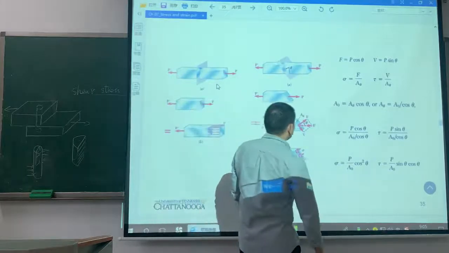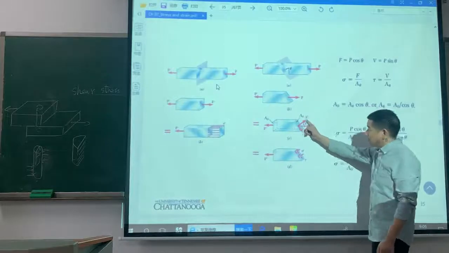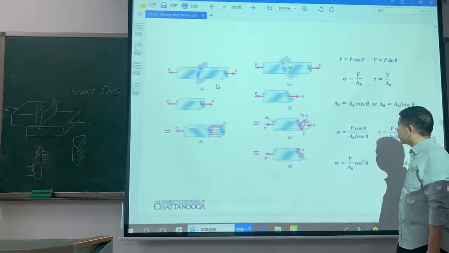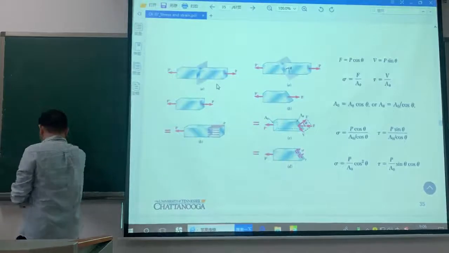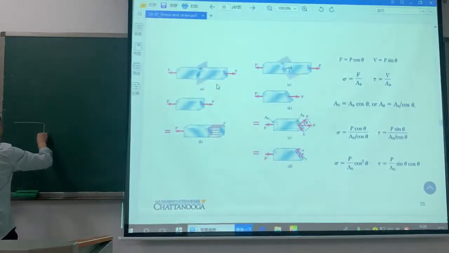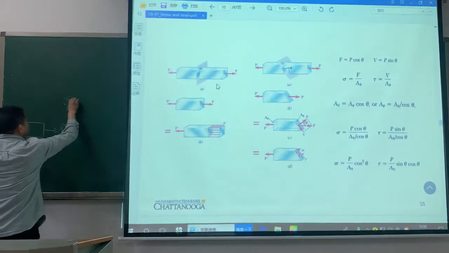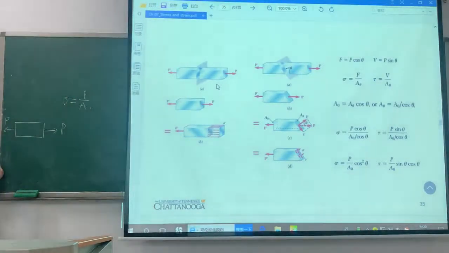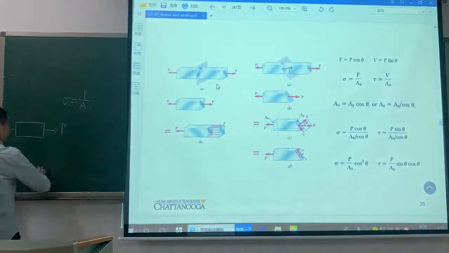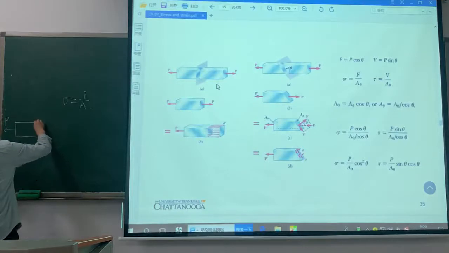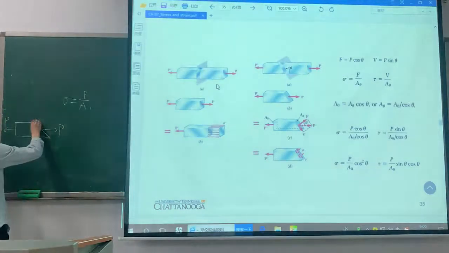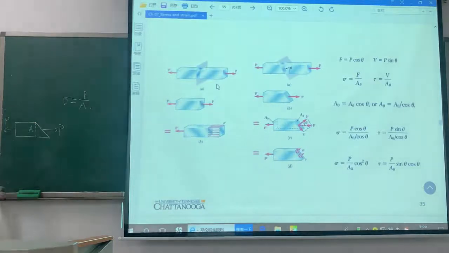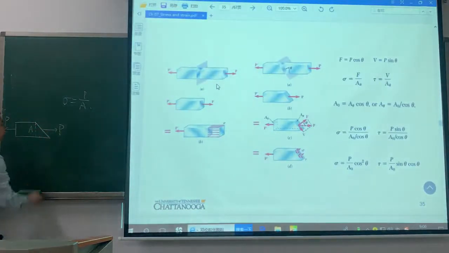So when you want to find the normal stress on the oblique surface, sigma is P over A. The force is also P, but the area is not the area of the cross section.